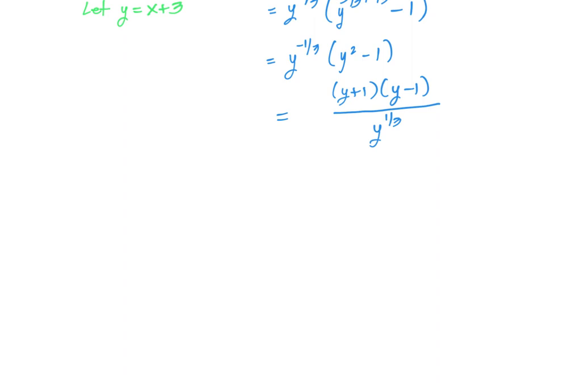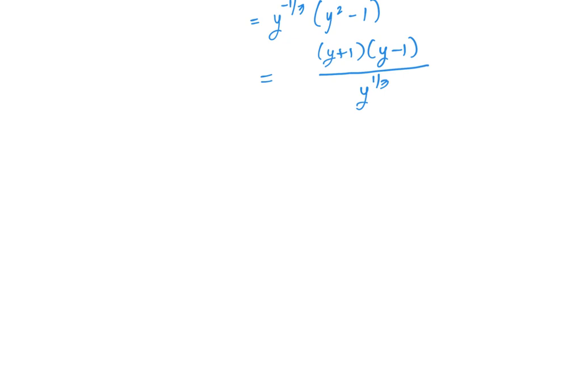However, we started with x's, not y's. So I still need to substitute back x plus 3 for my y. And I will have x plus 3 plus 1, x plus 3 minus 1, over parentheses x plus 3 to the 1/3.